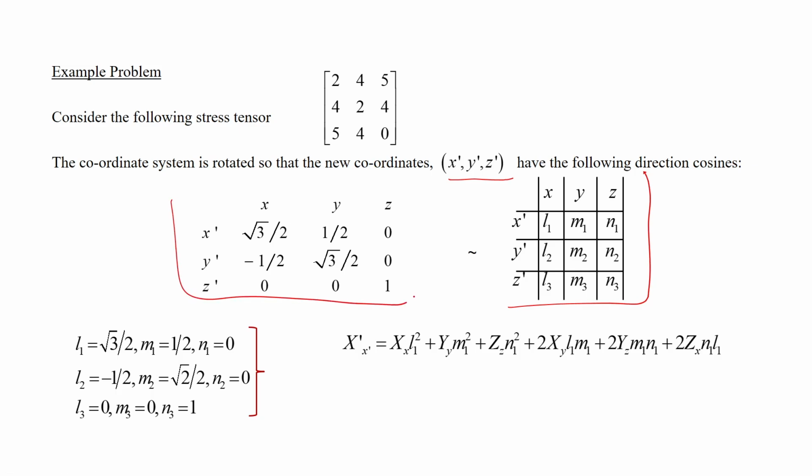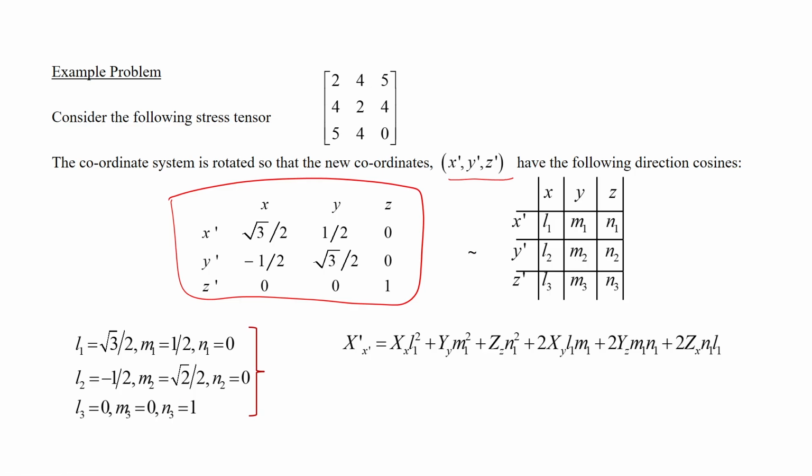So, we have L1 equal to square root of 3 by 2, M1 equal to 1 by 2, N1 equal to 0, and L2 equal to minus half, M2 equal to square root of 2 by 2, N2 equal to 0, and L3 equal to 0, M3 equal to 0 and N3 equal to 1.